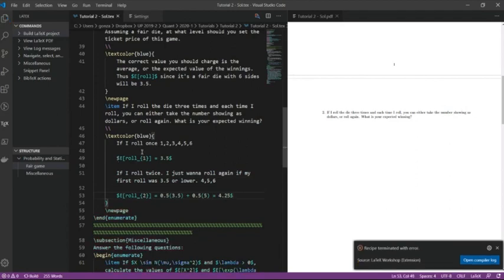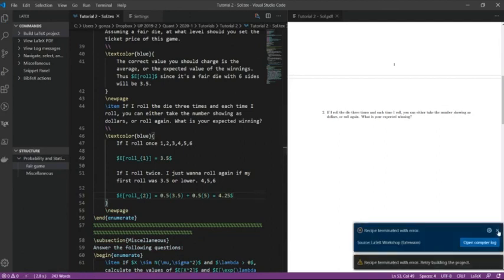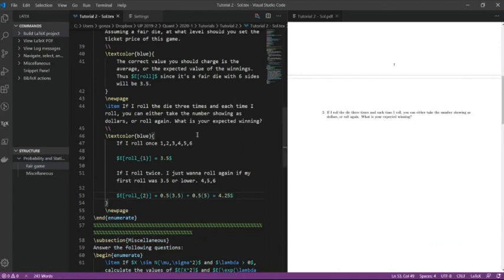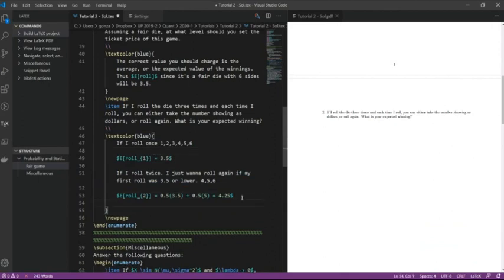It's not this that's erroring out. Yeah, there's something that I don't know, so I'm just going to type it out. But yeah, you get the general idea. So I'm just going to continue.